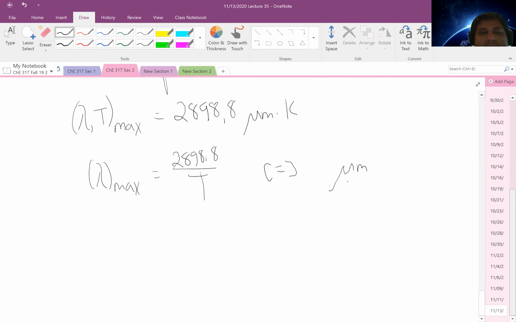So if we integrate Planck's law over all wavelengths, what we're left with is simply sigma times T to the 4th, which means integration of Planck's law over all wavelengths yields Stefan Boltzmann's law.